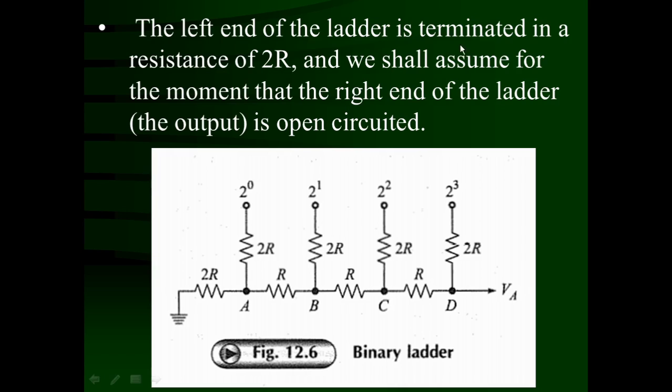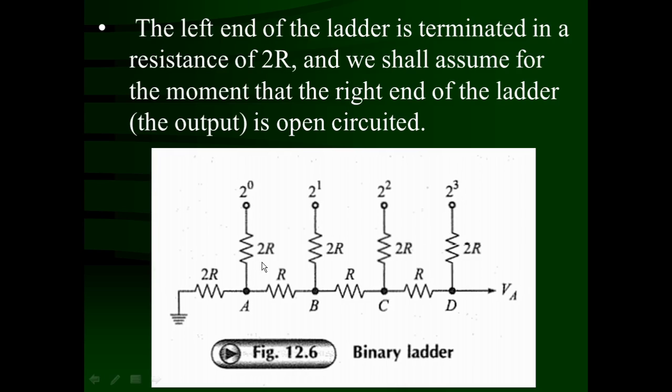The left end of the ladder is terminated in a resistor of 2R, and we shall assume for the moment that at the right end of the ladder the output is open circuited. So you can see that on the left hand side, from nodal point A, the terminating resistor is 2R, and from every nodal point to the digital inputs the resistance is also 2R: from point A to 2 raised to 0, B to 2 raised to 1, C to 2 raised to 2 and D to 2 raised to 3.